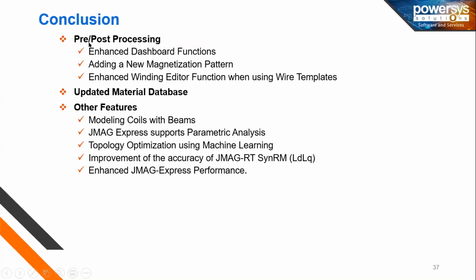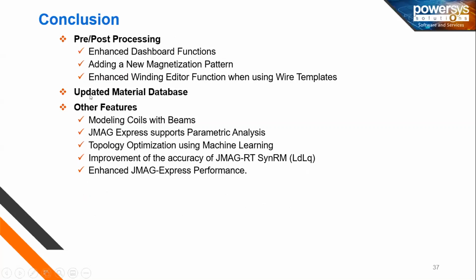And regarding the pre and post processing, now we have enhanced dashboard functions. We also saw how the magnetization pattern can be easily done. And we have seen that for multiple strands, we can take each and every conductor as an FEA component, use the parallel options, and construct the entire circuit.